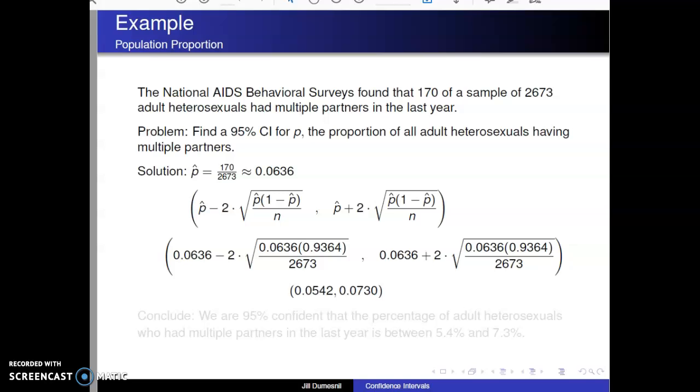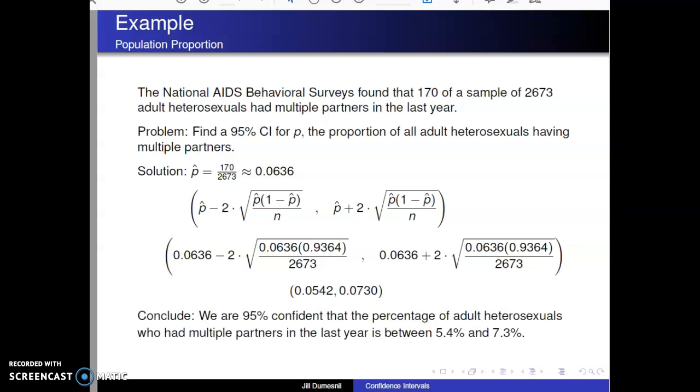We simplify, probably using a calculator, to get the confidence interval from 0.0542 to 0.0730. We can conclude with 95% confidence that the percentage of adult heterosexuals who had multiple partners last year is between 5.4% and 7.3%.